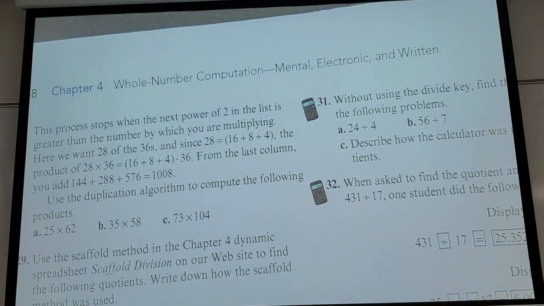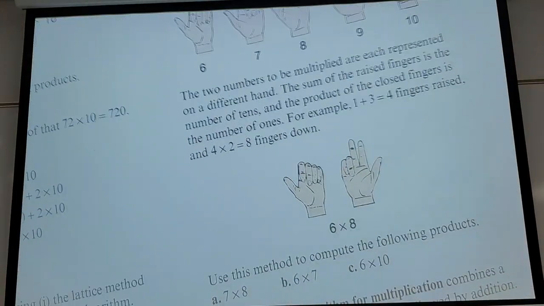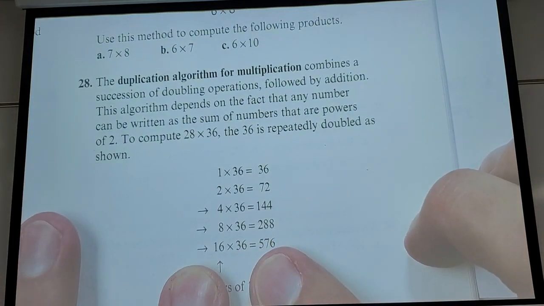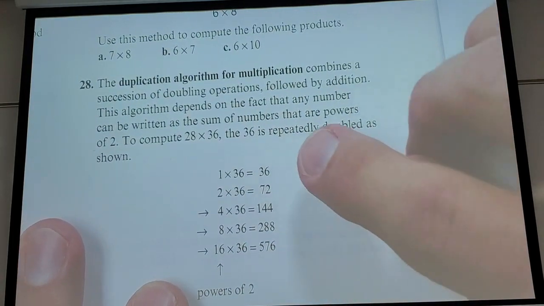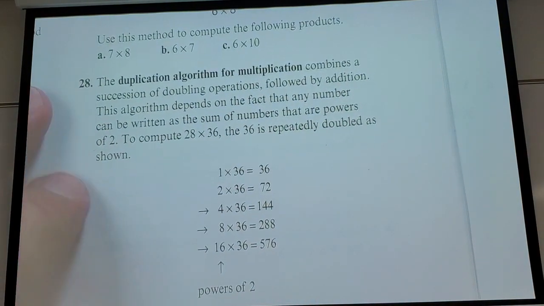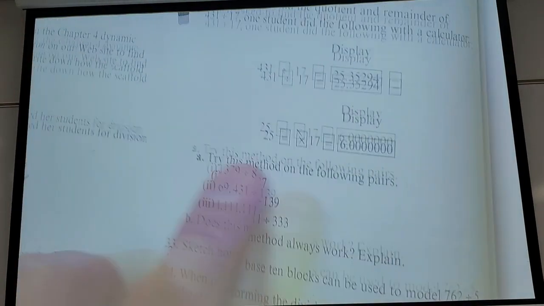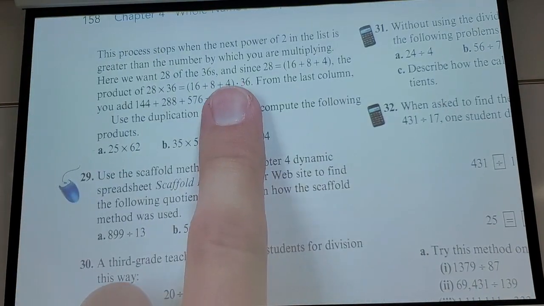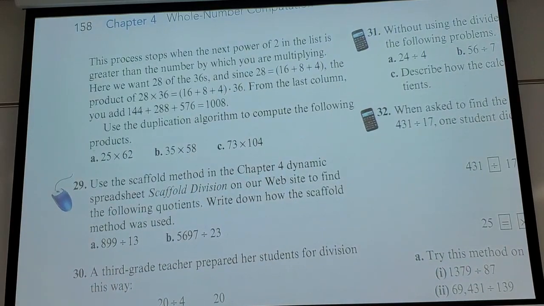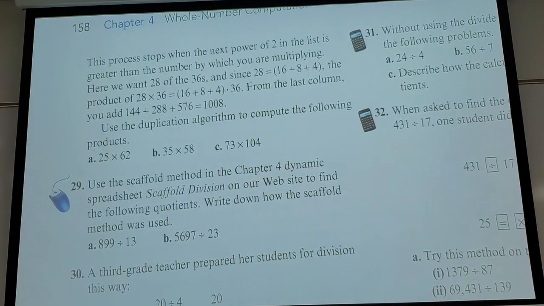Okay, so very quickly, what did they calculate here? They ended up calculating 16 times 36. And 28 is 16 plus, how did they break it up? 16 plus 8 plus 4. Is that okay by itself?